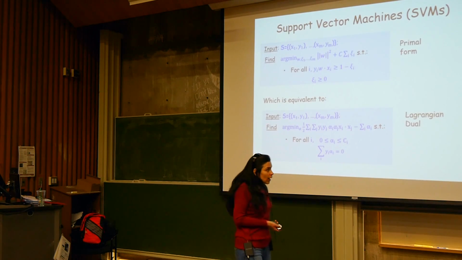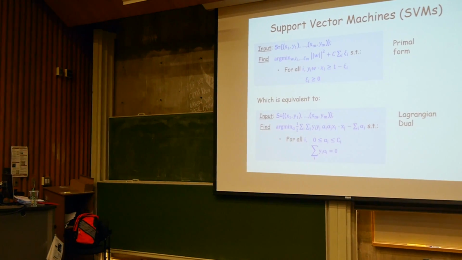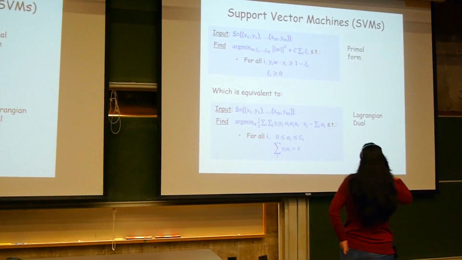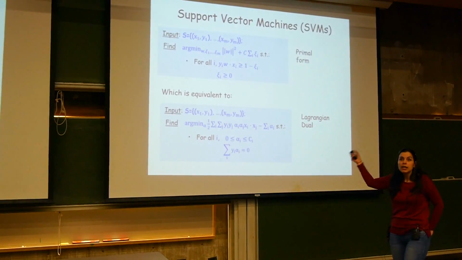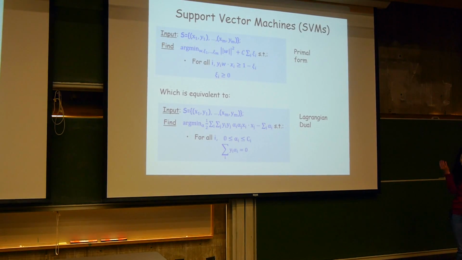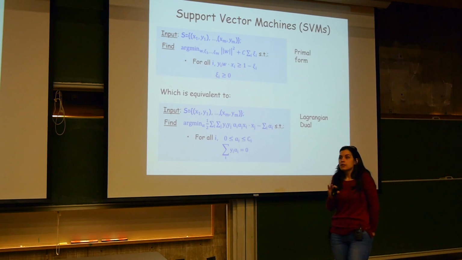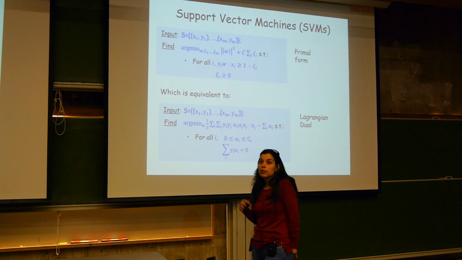Now, can we kernelize SVM? It turns out that the original primal form, which is the natural form that we discussed, is not easily kernelizable, somehow because of the norm of w squared here. But there is a related form, the so-called Lagrangian dual form, that is kernelizable.